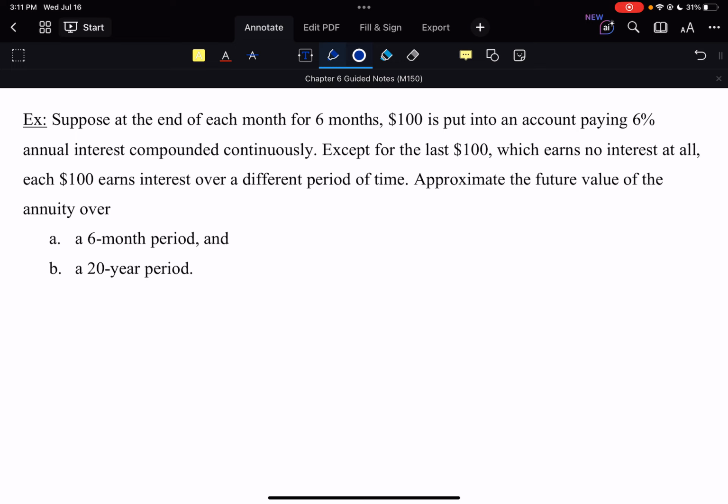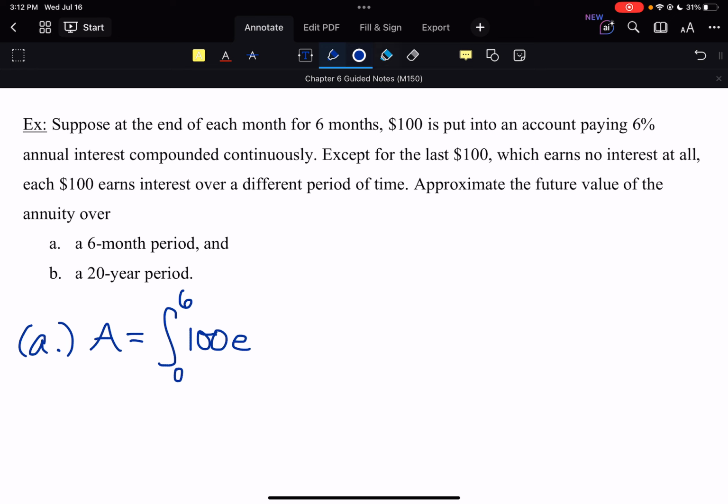So in order to set this up, we're going to have A equals the integral from 0 to 6 over the 6-month period. And we're going to have P is that amount being put in every period, e to the RT. Now we're going to have to be very careful again. A little caveat here.